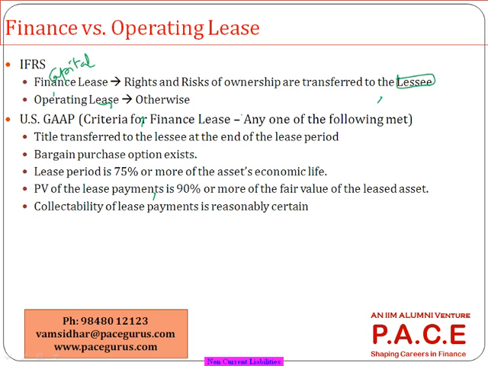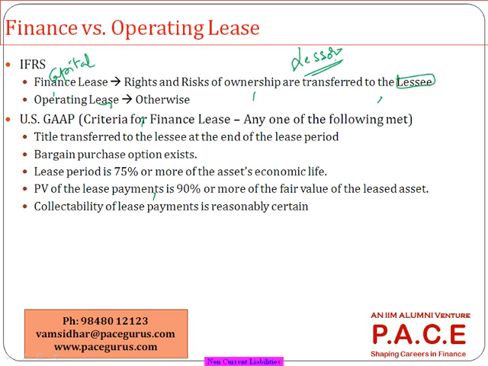Lessor is the person who has given the lease. This term also we should be comfortable with, right? The person who has given the lease, who is the owner and who has transferred the right, we call him the lessor. Who is the tenant and who is taking the lease rights, we call him the lessee.